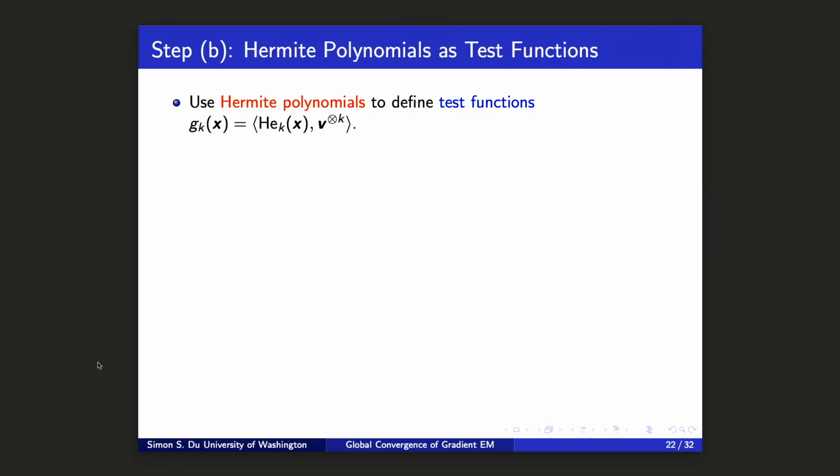And secondly, how do we choose these test functions? We define the test function to be a Hermite polynomial and basically any unit norm vector.